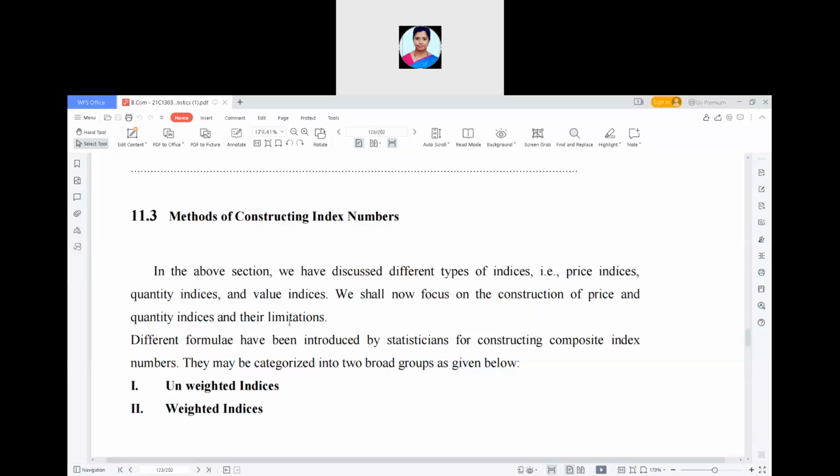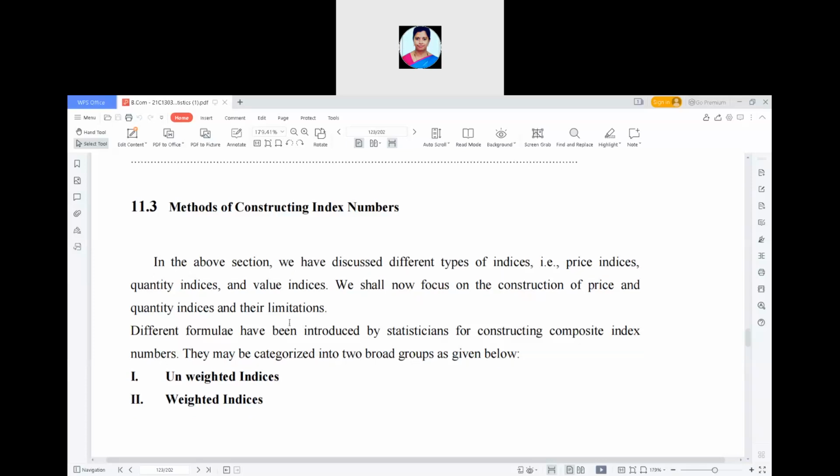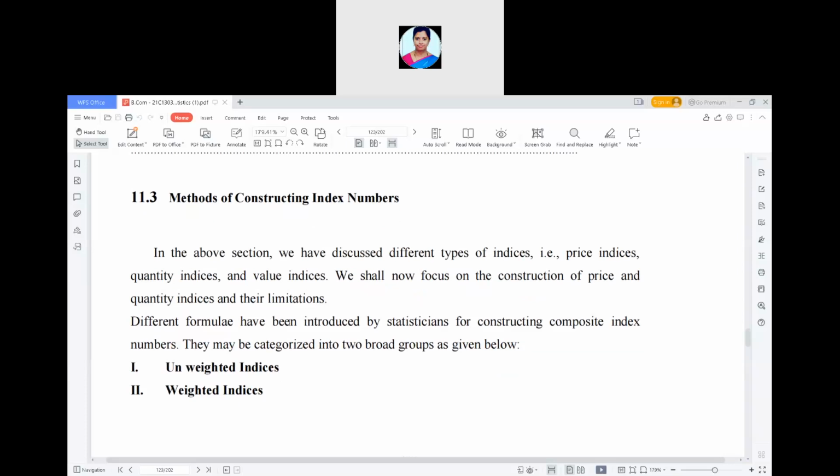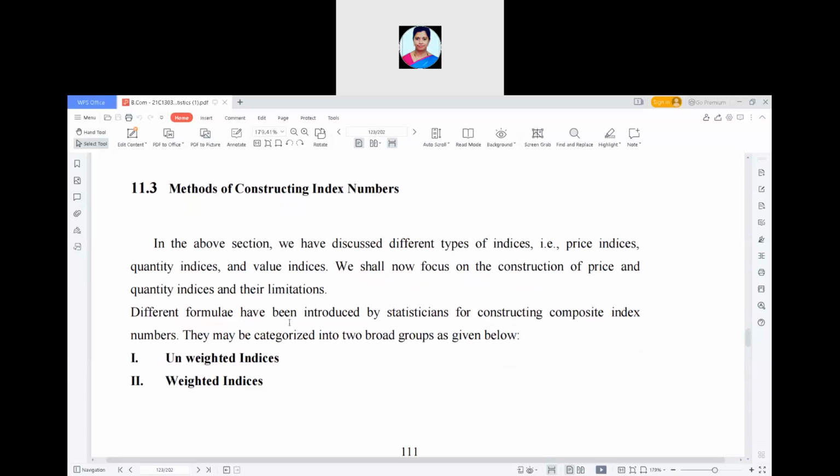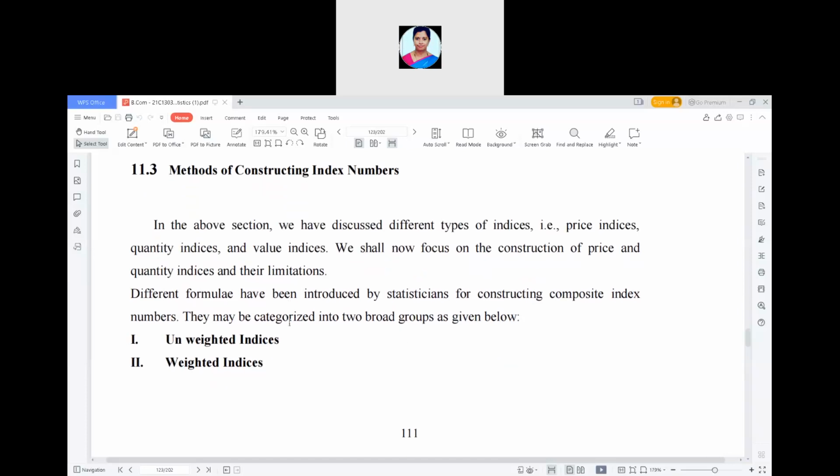Different formulae have been introduced by statisticians for constructing composite index numbers. They may be categorized into two broad groups as given below. We have already seen that many authors and statisticians have defined what an index number is, and given many definitions. Now we classify them into two broad groups: one is unweighted indices and the other is weighted indices.